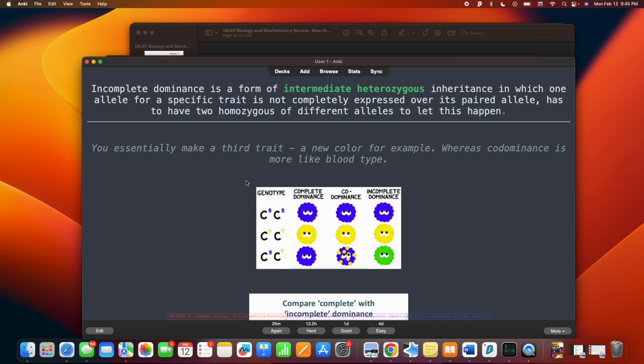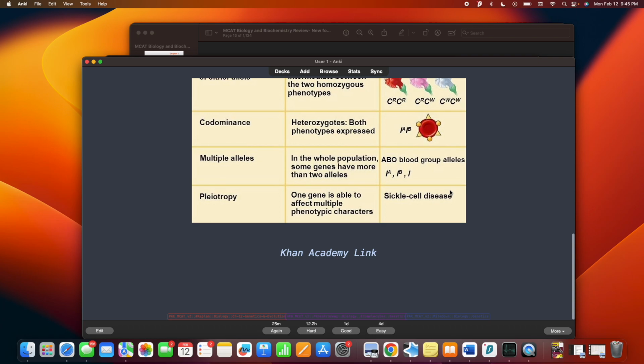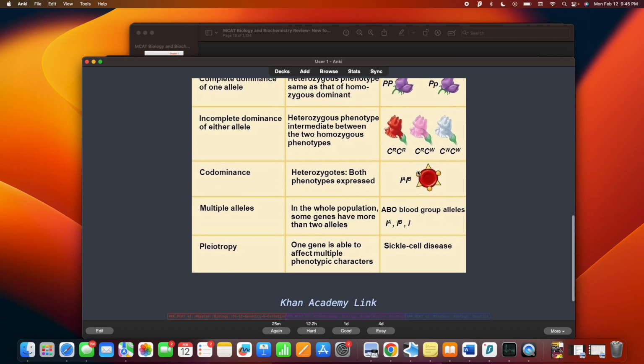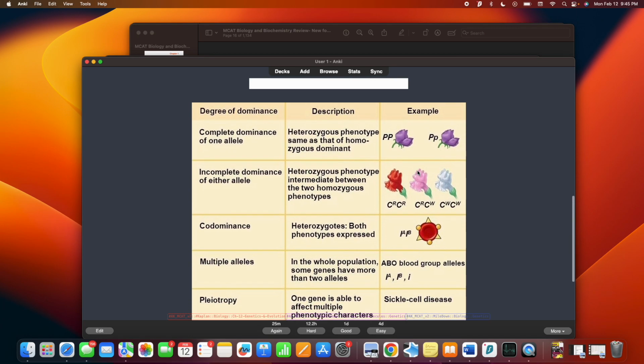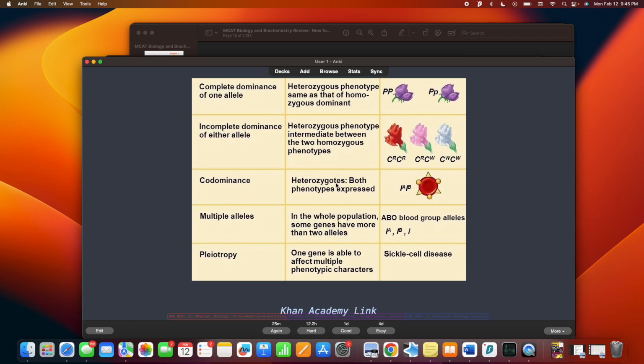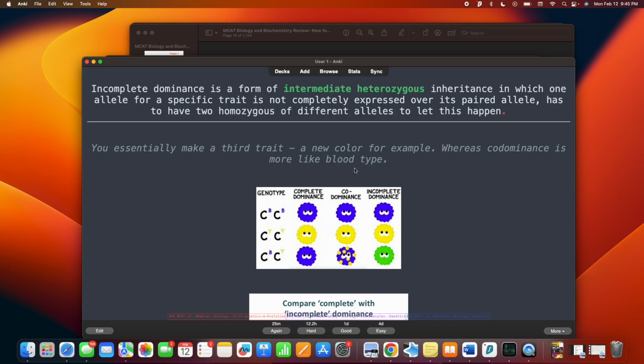You essentially make a third trait, a new color, for example, whereas codominance is more like blood type. It's tricky. Remember that incomplete results in the intermediate heterozygous.